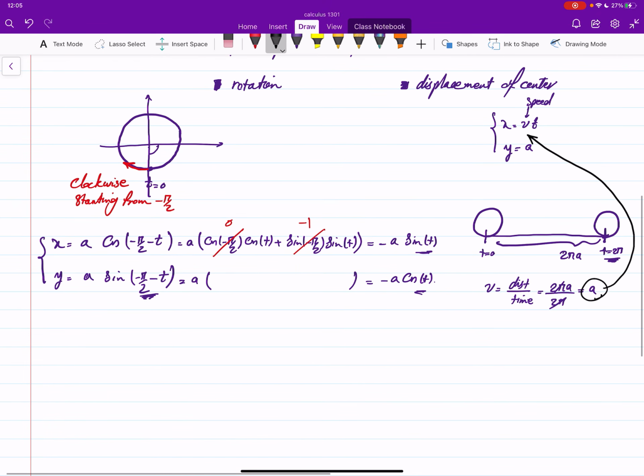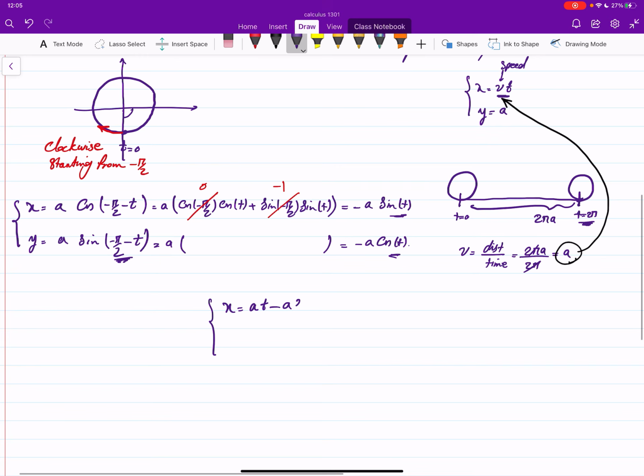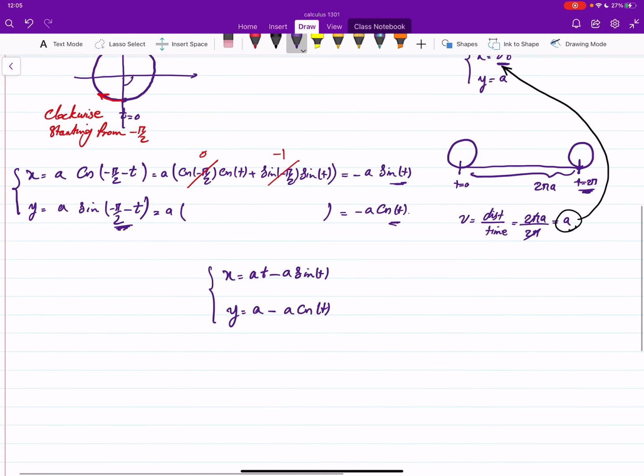So we have now everything set up. We have the displacement of the center and the rotation. Together, we have to add them to find the parametrization. For x, we have a times t, minus a sine t. And y is a minus a cosine t.